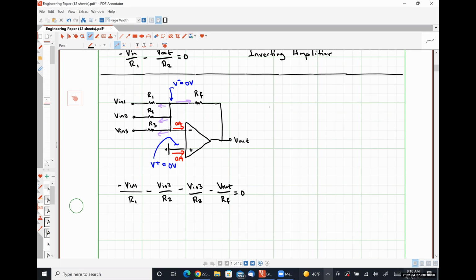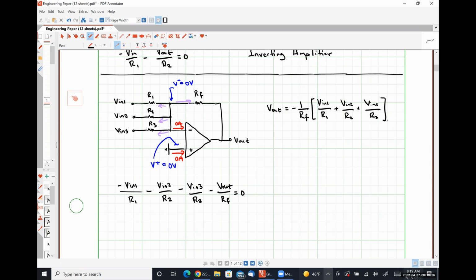And with a little bit of algebra, we would find that V out is equal to negative 1 over RF times VN1 over R1 plus VN2 over R2 plus VN3 over R3.